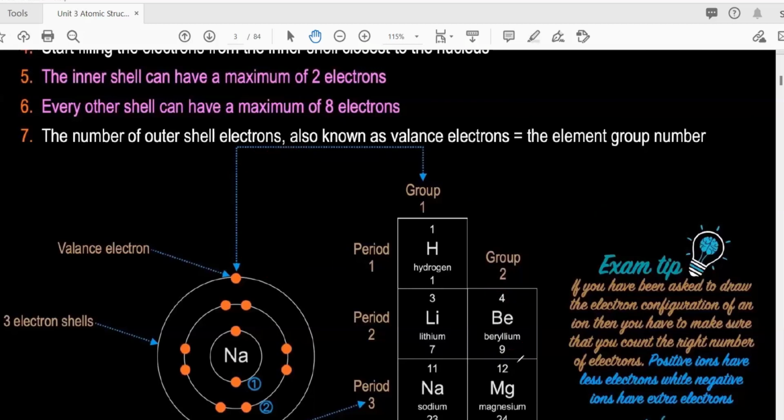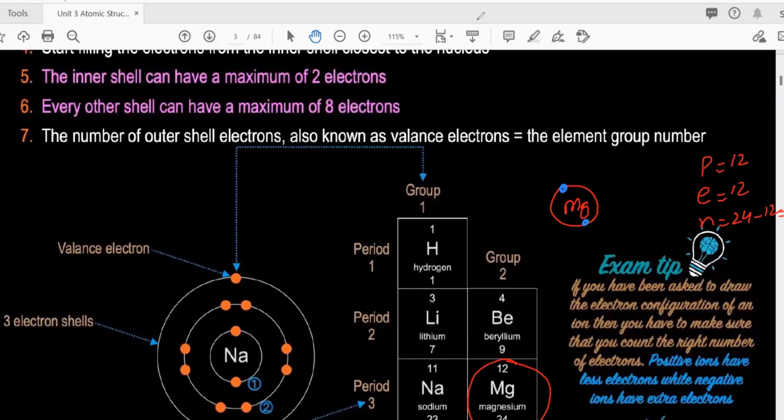Now, Ahmed, you will do magnesium for me. How many protons? 12. Good. How many electrons? 12. How many neutrons? 24 minus 12, so 12. Okay, I will draw the first shell, and in the center I will write magnesium. In the first shell, how many can I put? 2.